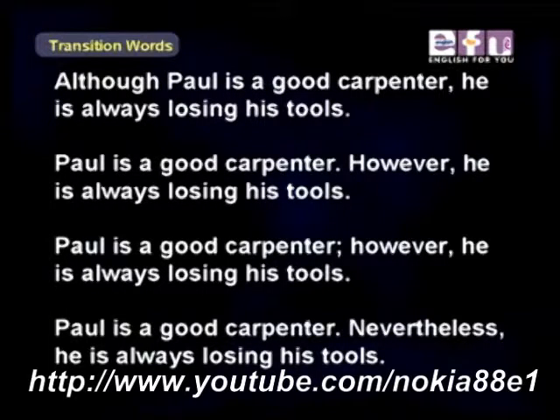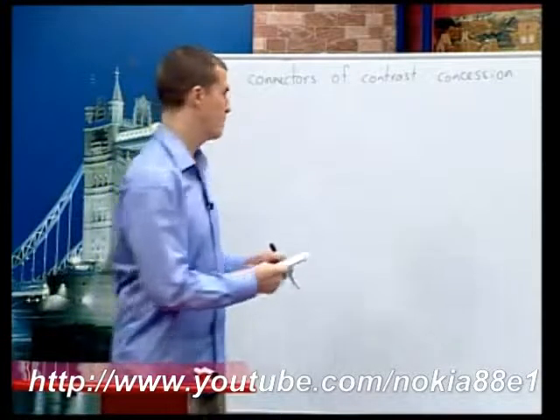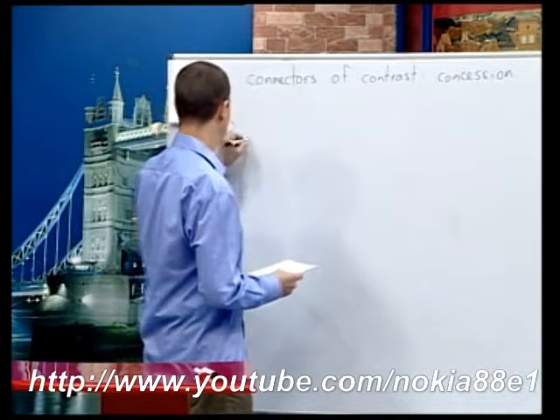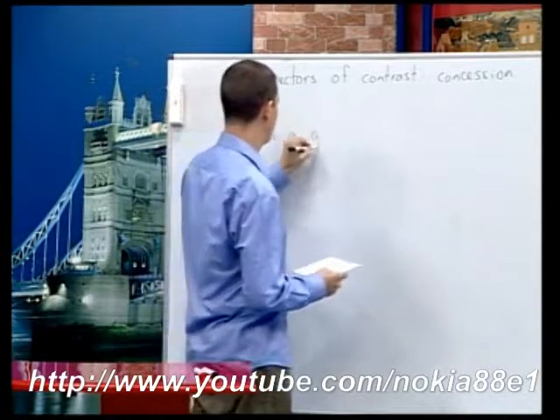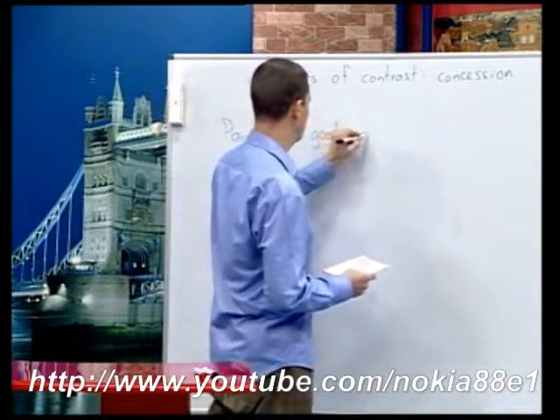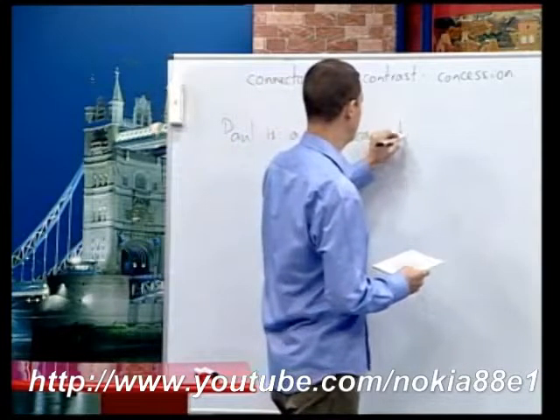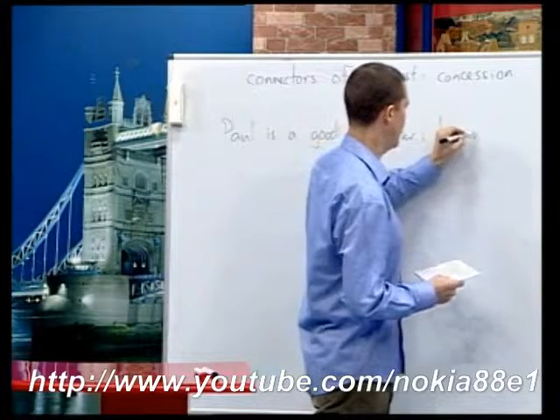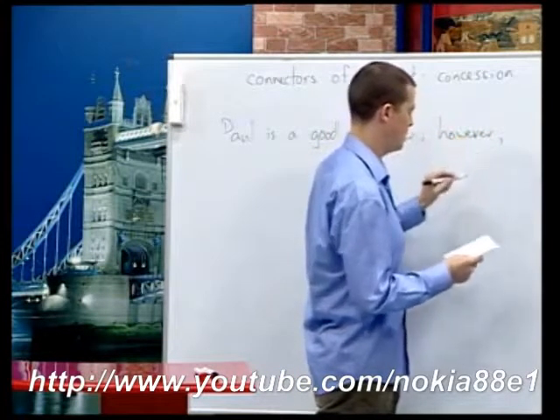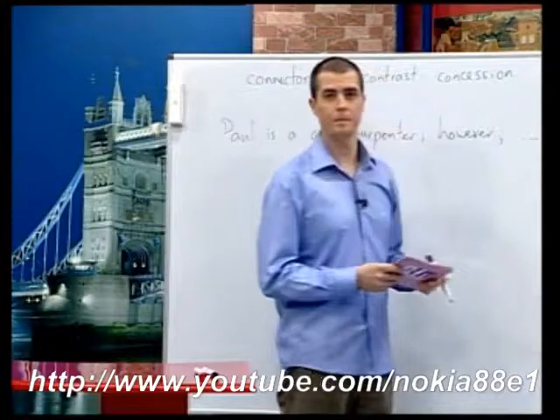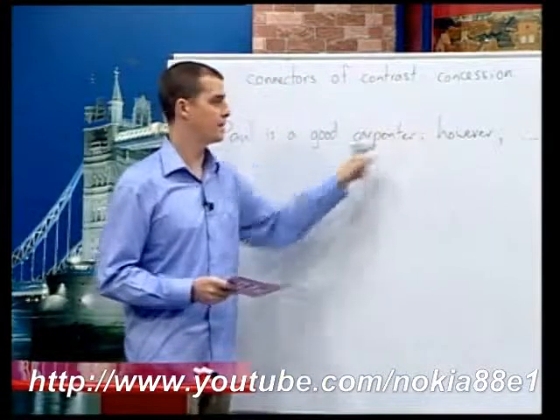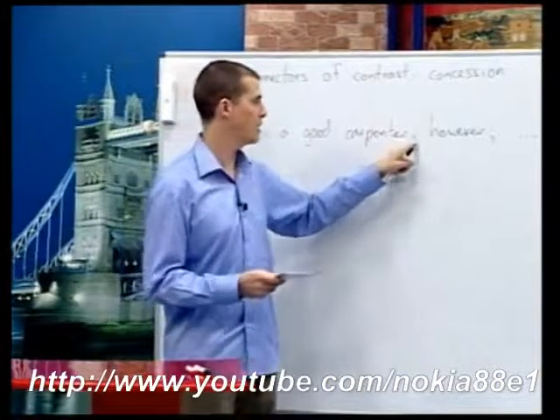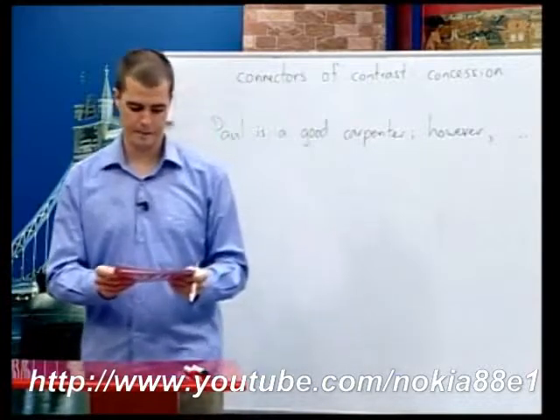When this happens, the first clause ends with a semicolon. So we have Paul is a good carpenter, semicolon, however, comma. When we have however in the same sentence, it must be a semicolon, however, comma.